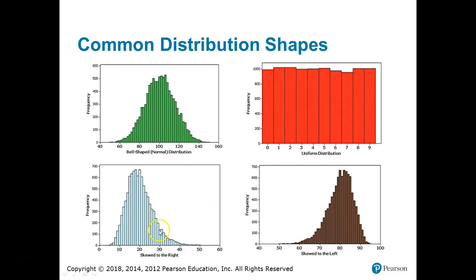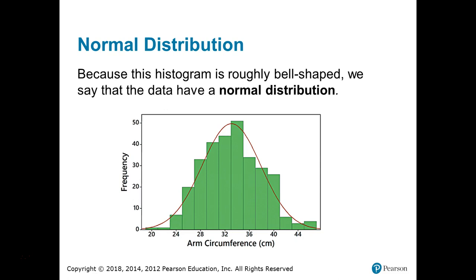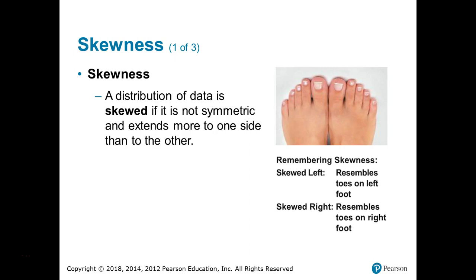So skewed to the right, which means that there are more values on the left-hand side. It's kind of backwards from how your mind would tell you. And then this is going to be skewed to the left. Skewed to the left means that more of the data values lie on the right side of it. Again, we are really interested in normal distributions for this class, which is generally that bell-shaped curve.